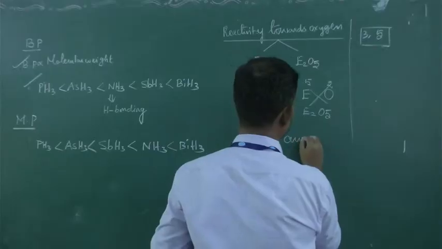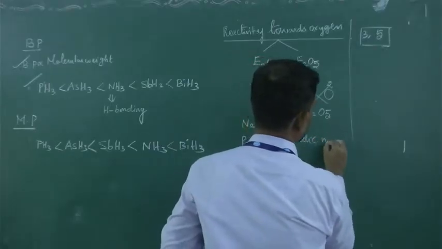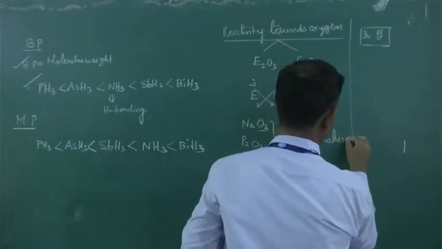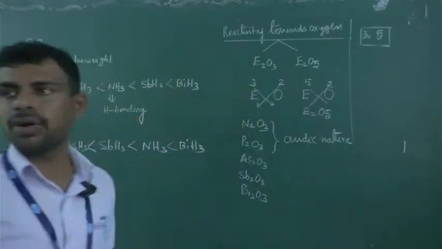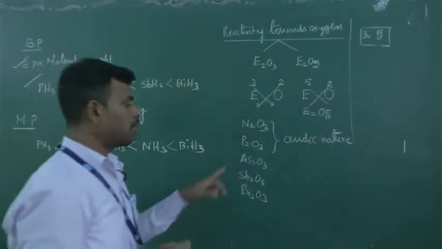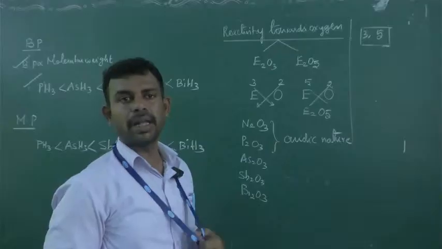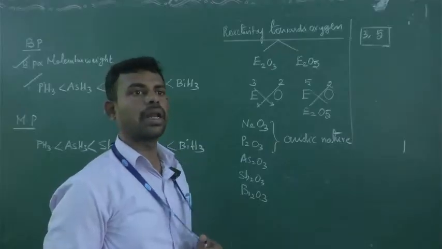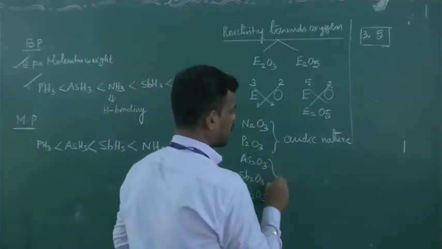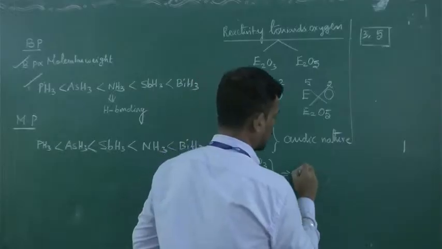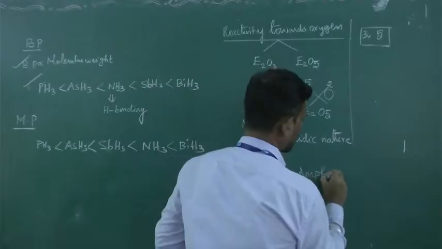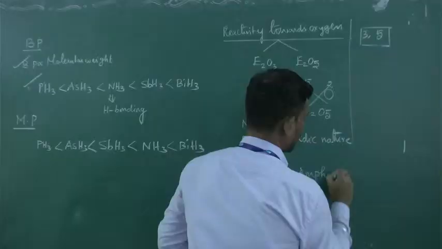Please note this. Acidic oxides. Arsenic and antimony are metalloids, not non-metals. Metalloids. Their character is amphoteric. Amphoteric oxide.